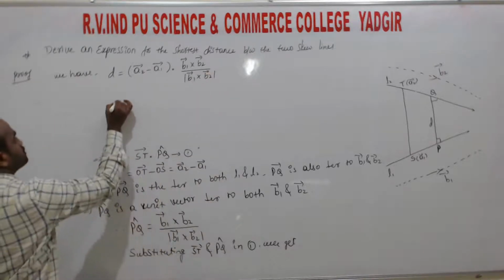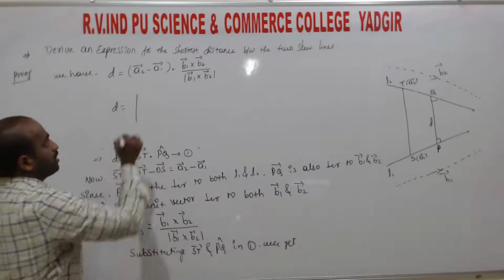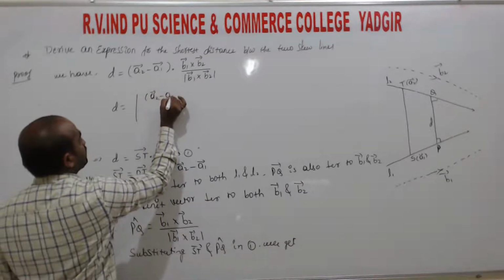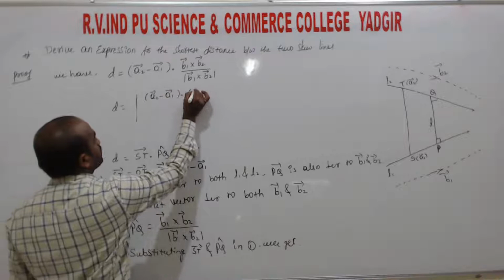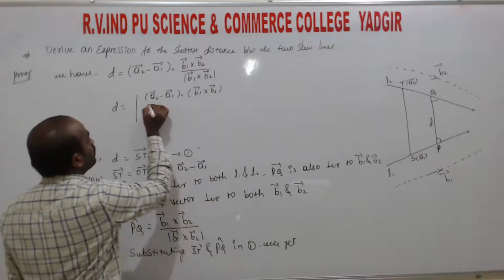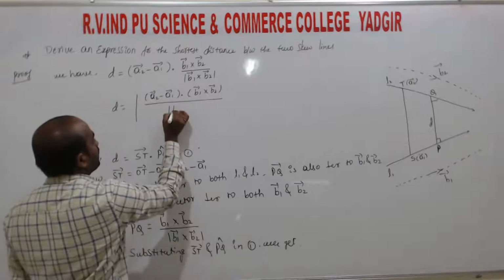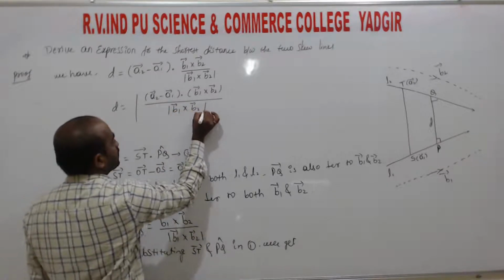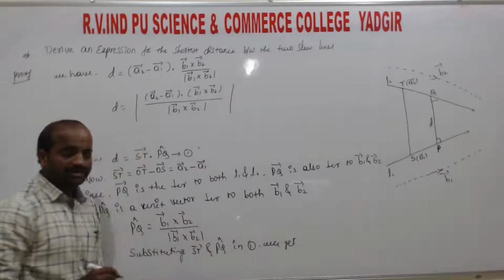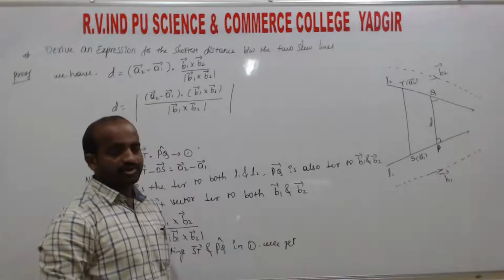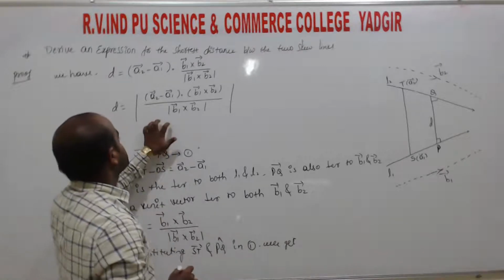Distance should be positive, so modulus of A2 minus A1 dot B1 cross B2 whole divided by magnitude of B1 cross B2. This is the vector equation of the shortest distance between two skew lines.